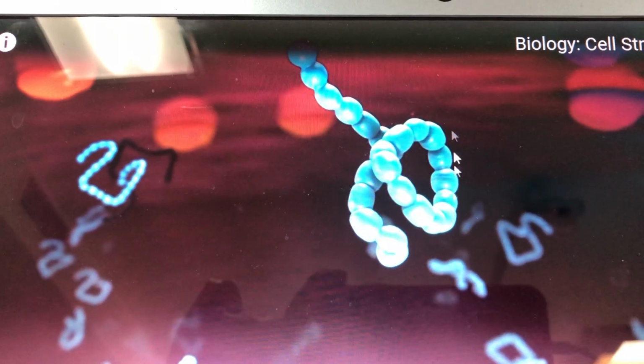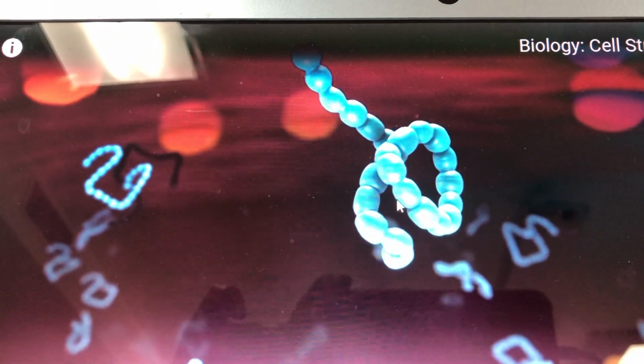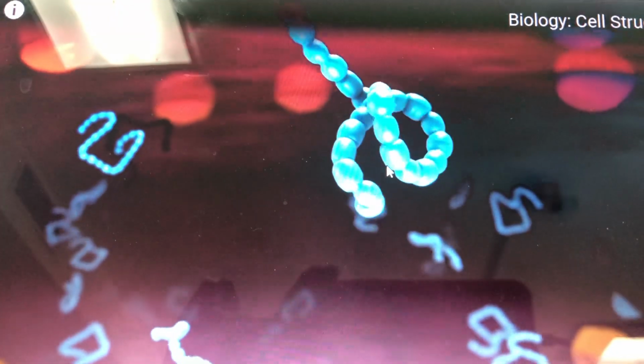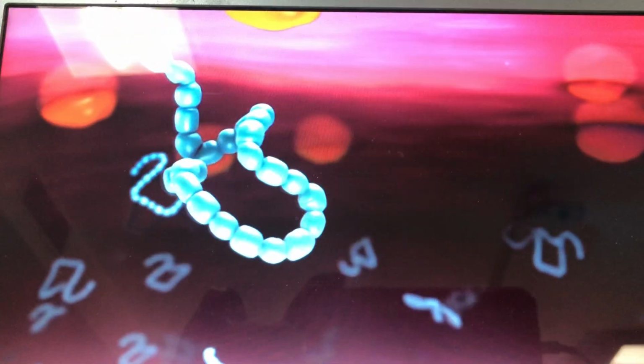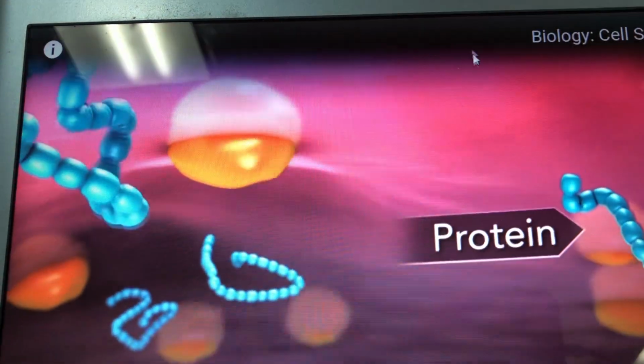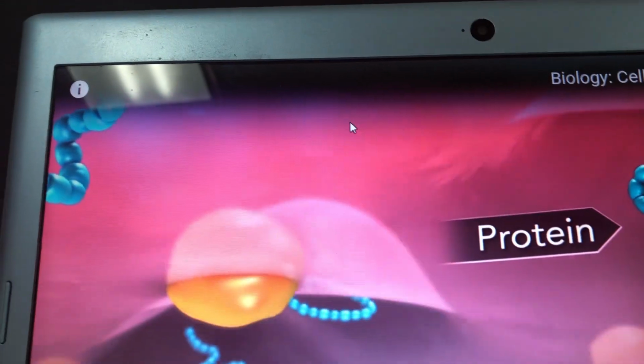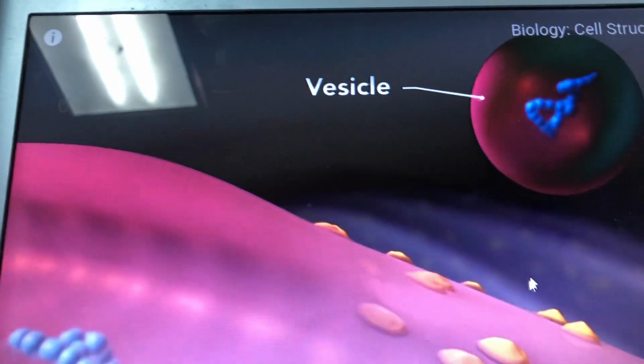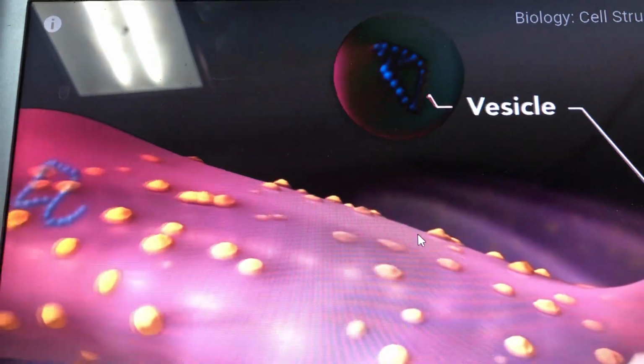Here are the proteins. They are ready to leave the endoplasmic reticulum. They will go out in a vesicle, enclosed in a vesicle, and be transported in the cytoplasm.